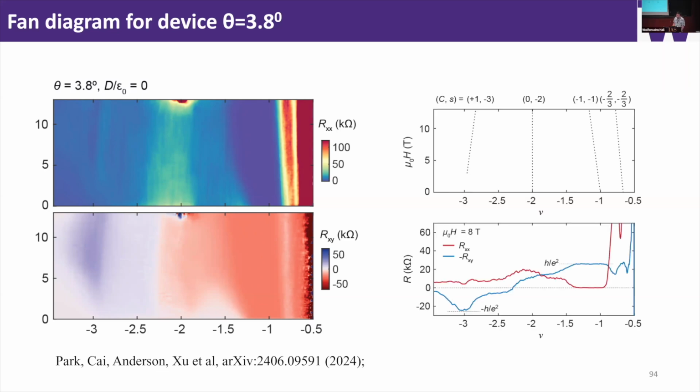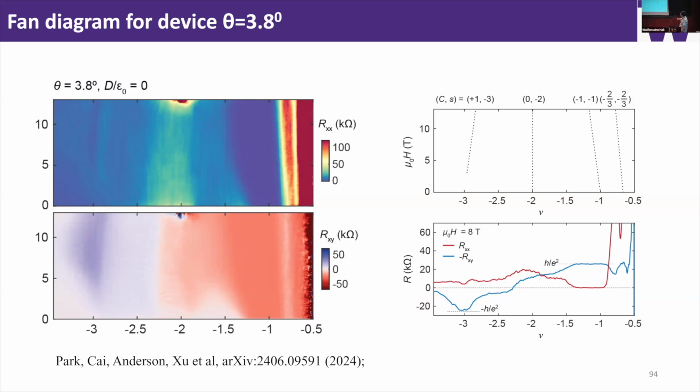Importantly, if I just draw these linear lines, the slope of this quantum anomalous Hall state is -1, but for the Chern number at the filling factor -3, the slope actually is +1. So indeed, the Chern number at the filling factor -3 has the opposite sign from the quantum anomalous Hall state at the filling factor -1.